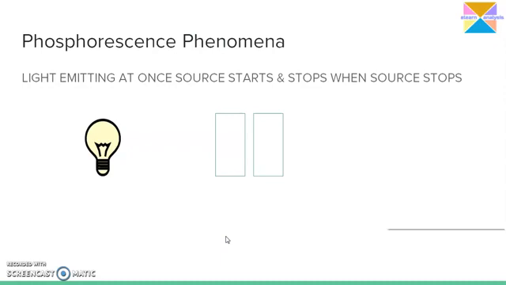So coming to the phosphorescence phenomenon, as I mentioned, there is a difference between fluorescence and phosphorescence, in terms of the light emitting once the source starts and stops. When the source stops, we call it fluorescence. And if the light is still emitting, okay, let me animate this. This is a source of radiation, which is nothing but our UV visible radiation.